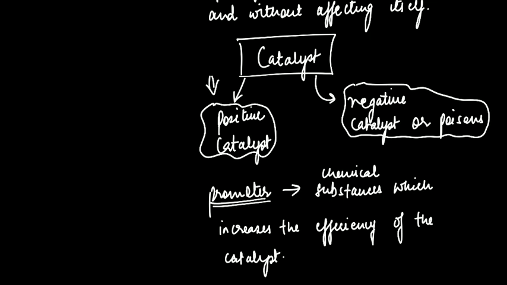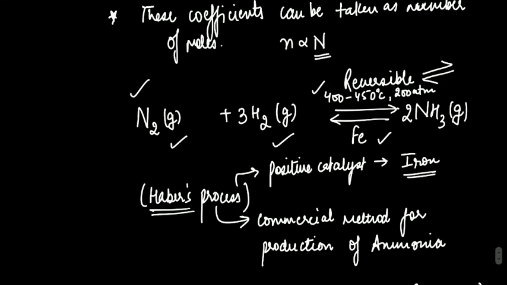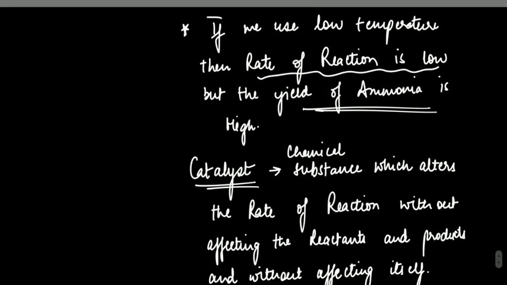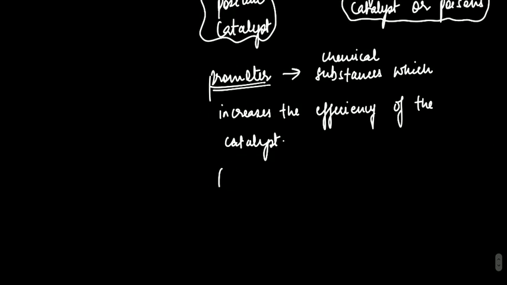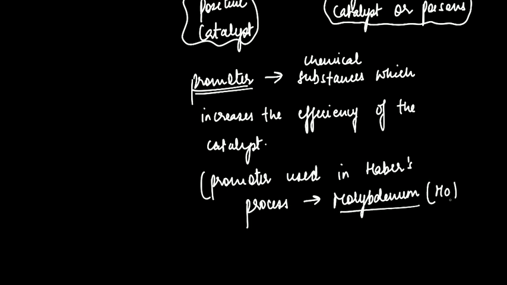Now we don't use a promoter in most reactions, but in Haber's process we are using a promoter, and the promoter here is molybdenum. It's a metal. Symbol is Mo.